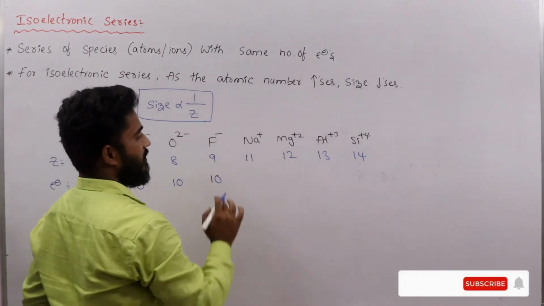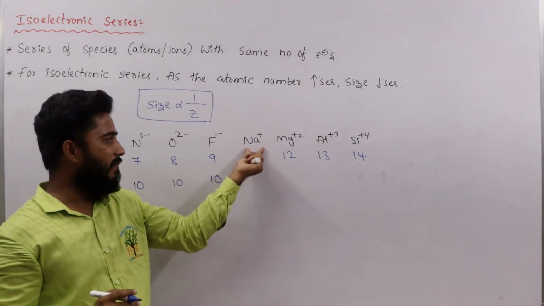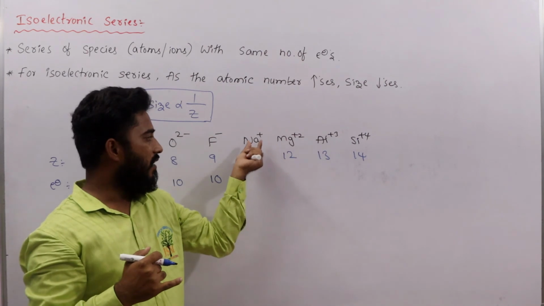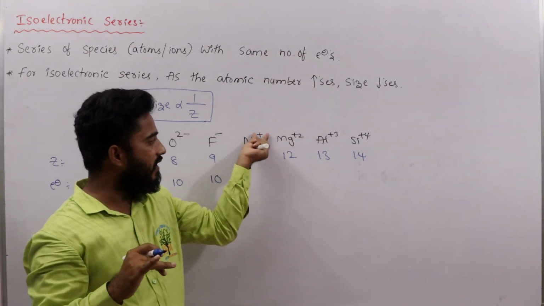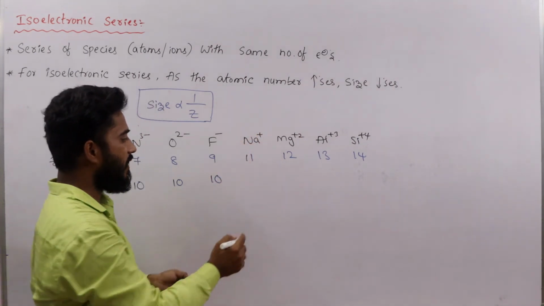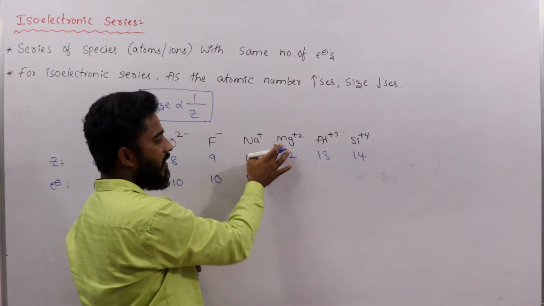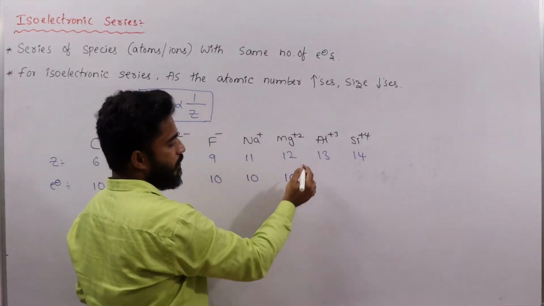Here Na plus, neutral sodium contains 11 electrons, so what is the positive charge indicating? Loss of 1 electron. Here Na neutral atom contains 11 electrons, 1 electron lost, so Na plus contains how many electrons? 10 electrons. Magnesium with 12 electrons in the neutral, 2 electrons lost, 12 minus 2, 10.